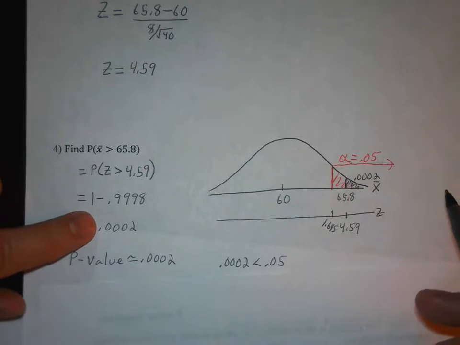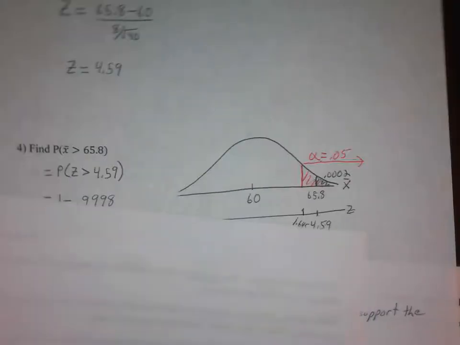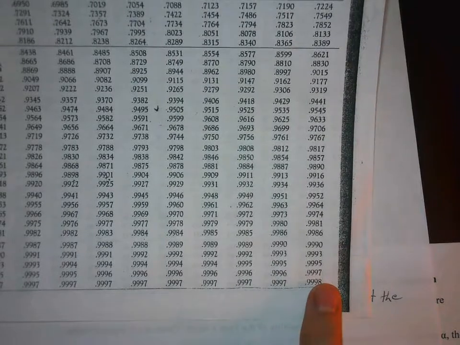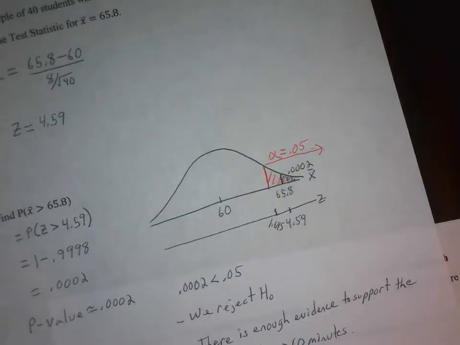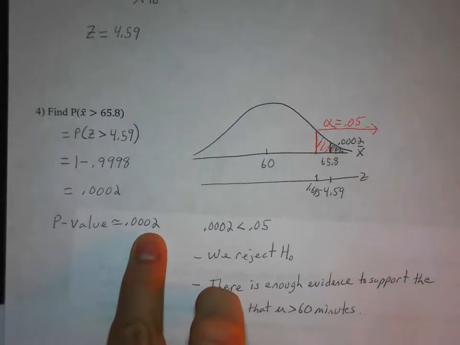And what we're using is 0.0002 just from the table of values. When you look it up in the z-score table, the highest that it goes to is 3.49, which is 0.9998. So when you subtract that from 1, you end up with a very small value of 0.0002.